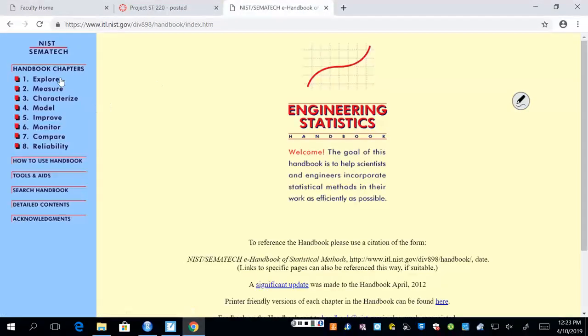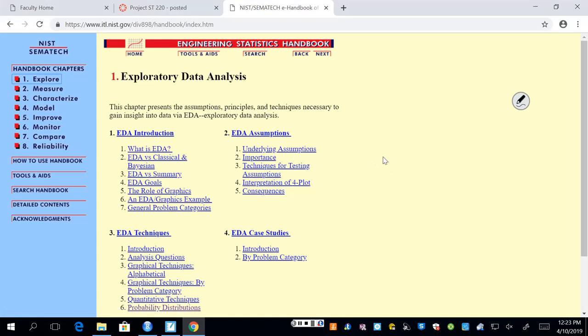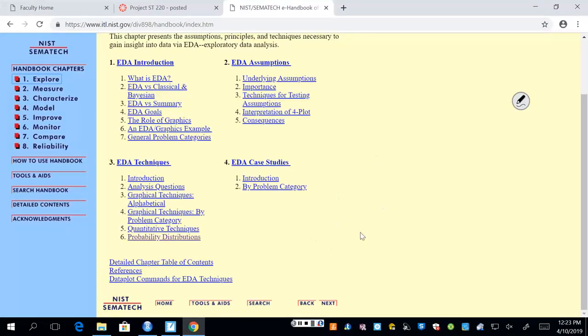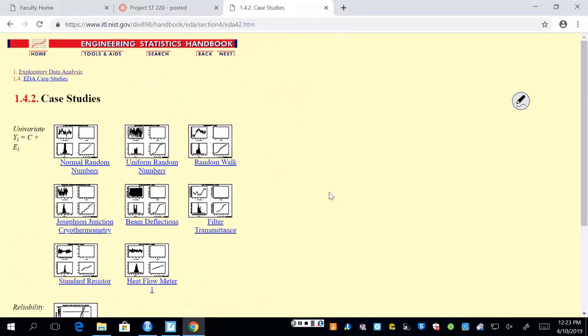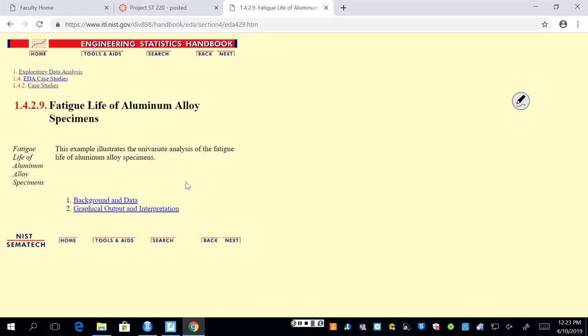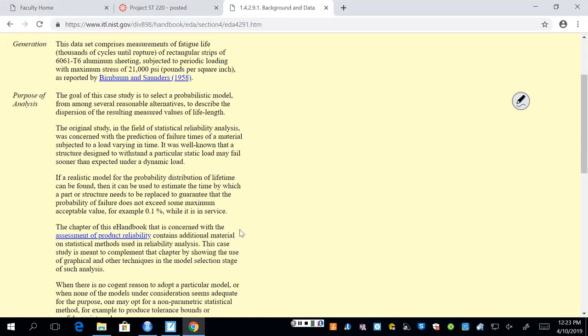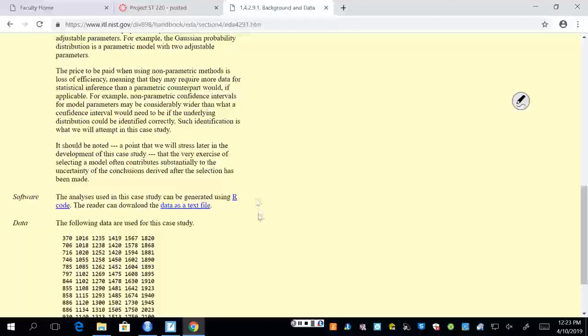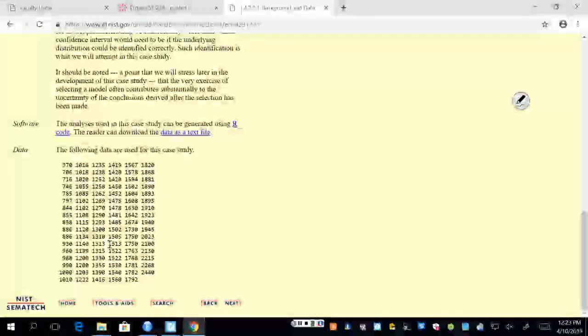Within this, in the Explore section, there's a few case studies of different things. So here's fatigue life of aluminum alloy. There's some background on some of these things. Here's some data that are included in some of these.